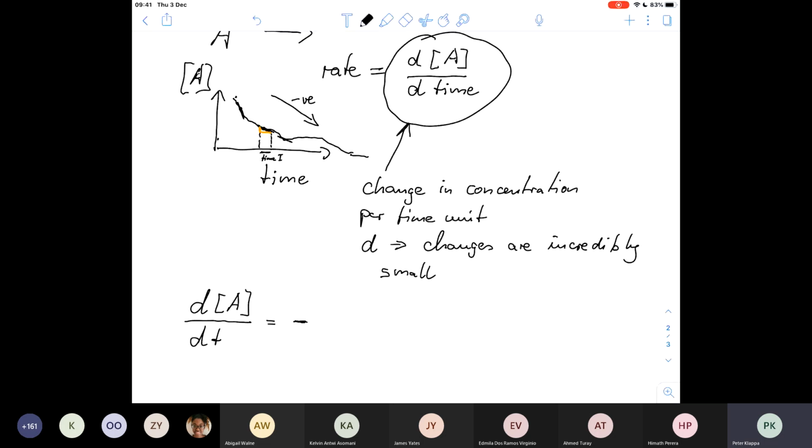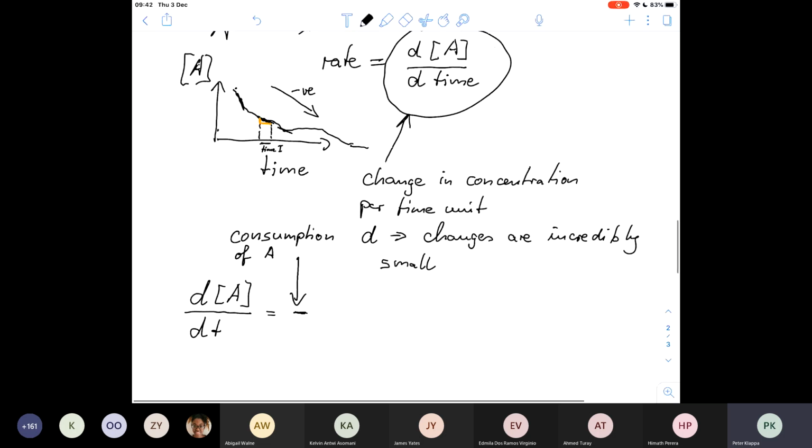That indicates that we have a negative gradient, and it indicates that we have a consumption. And we will soon see that if we have a production of something, then the gradient becomes positive and this negative turns into a positive sign. But let's stay with the consumption of A.